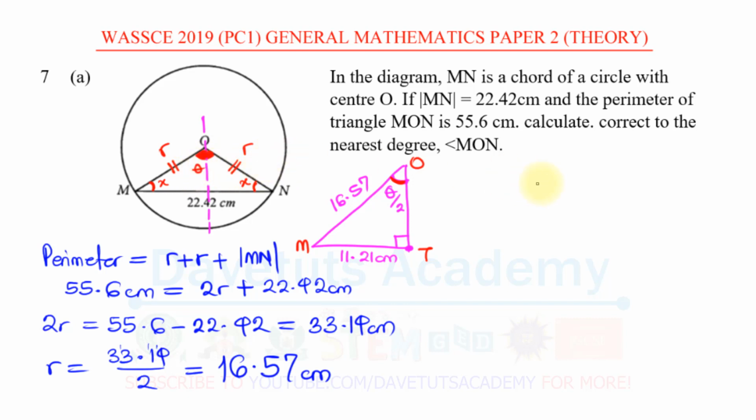So if we have that understanding, we can solve it directly by looking at this angle theta over 2 via SOHCAHTOA. That's where I'm going. So we can use SOHCAHTOA.